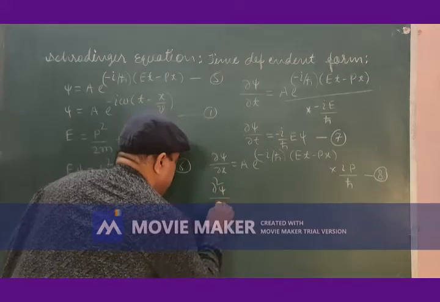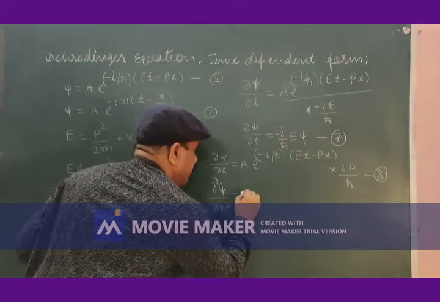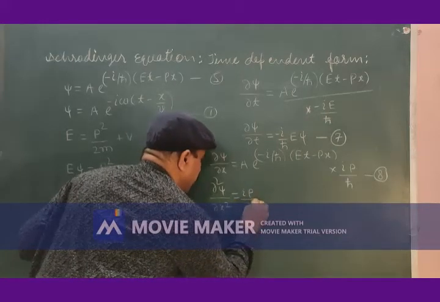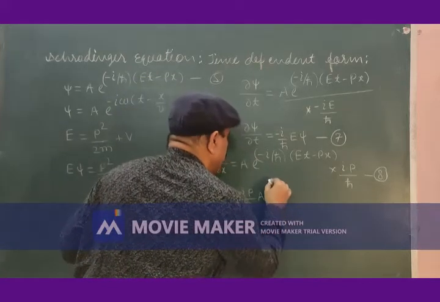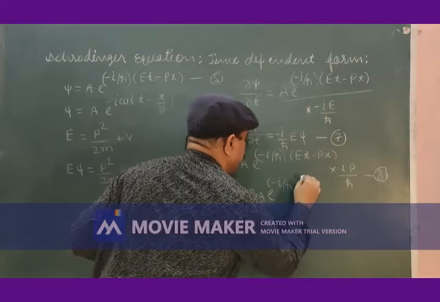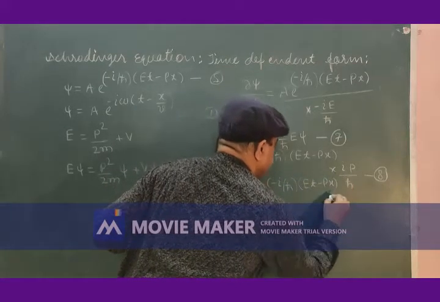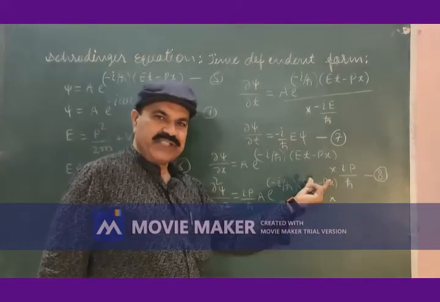To get dou 2 psi by dou x square is equal to iP by h cross into A e to the power minus i by h cross into (Et minus px), into the differentiation of the exponent again.